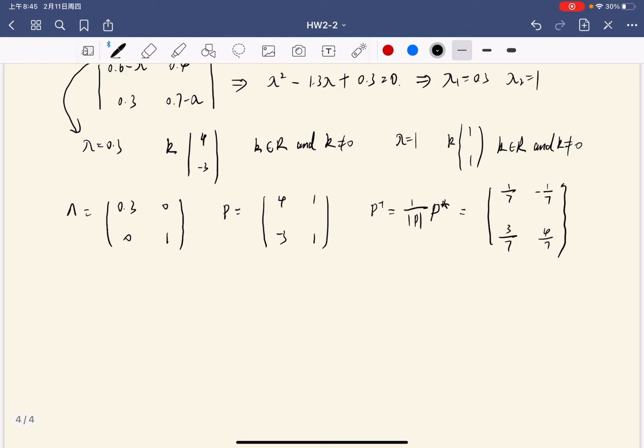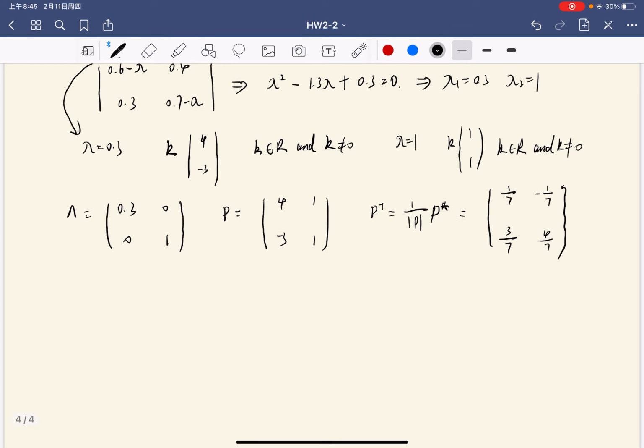And then we know that matrix A to the power of n equals P multiplied by gamma multiplied by the inverse of P, to the power of n.